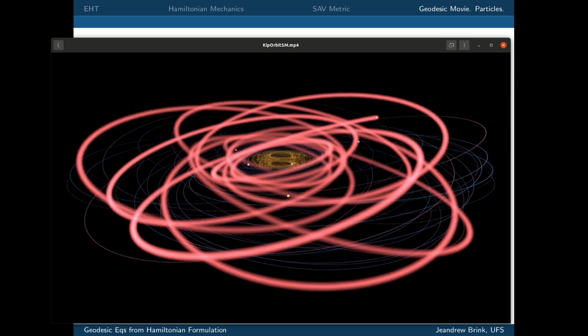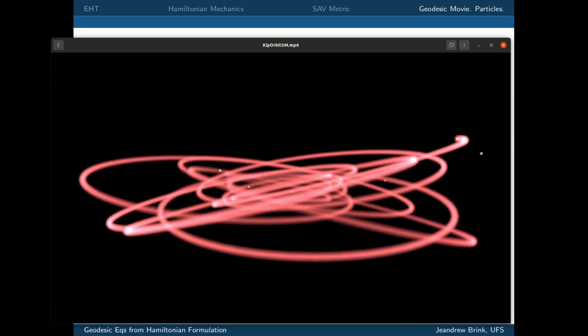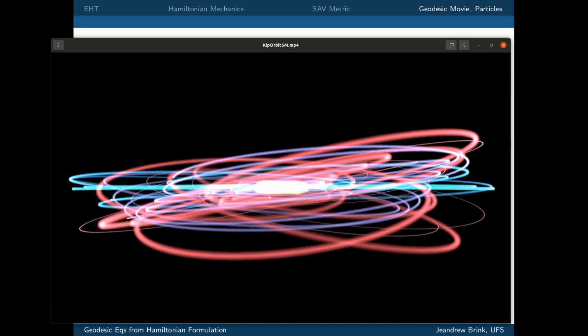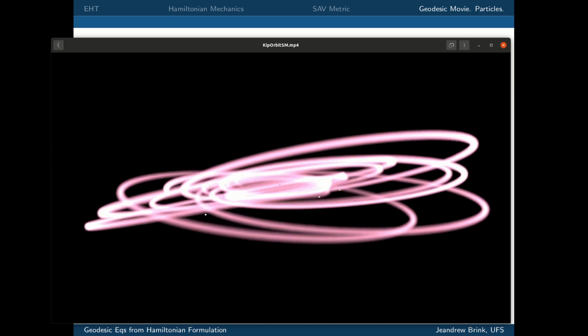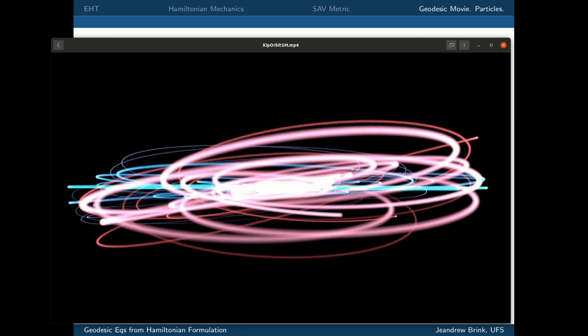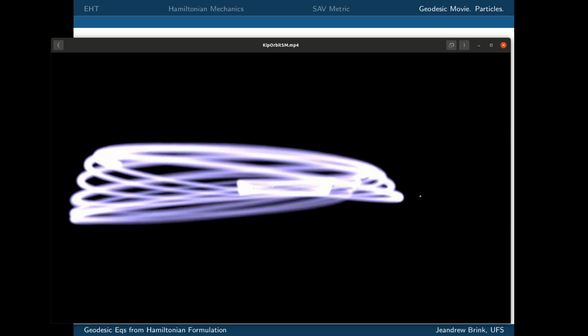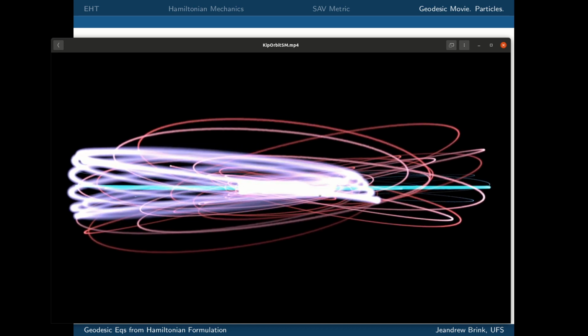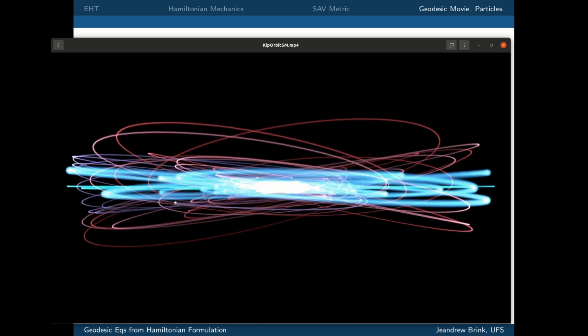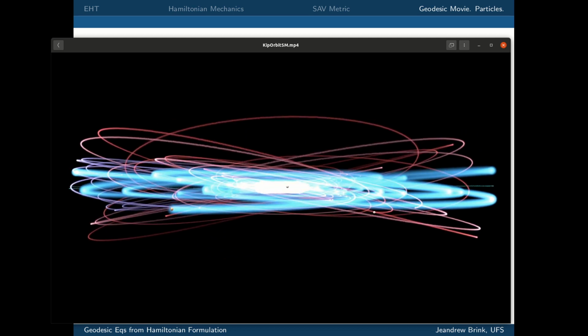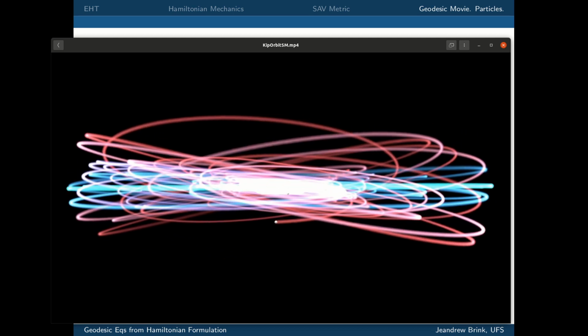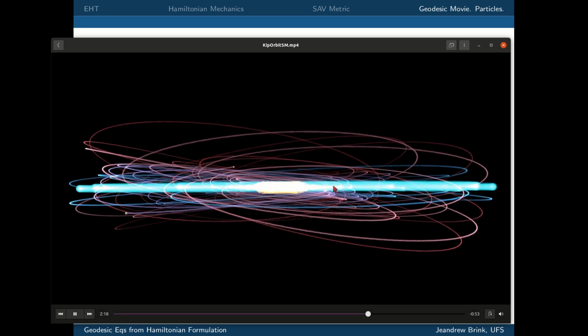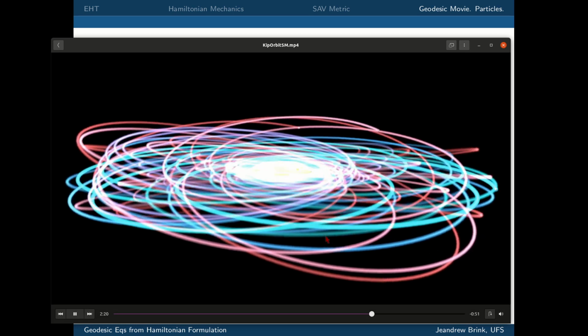Let's just look at the angular change of these orbits. This is now looking straight on from the side. Okay, this is an almost entirely equatorial orbit.